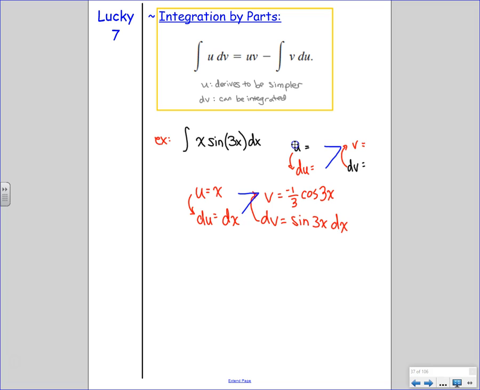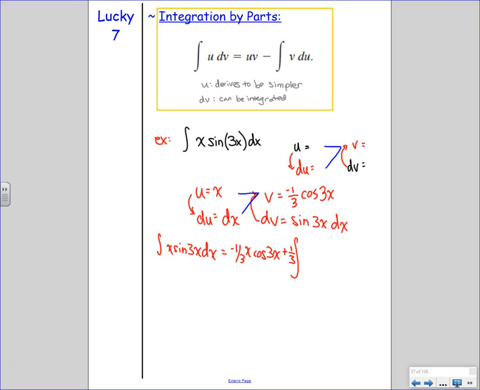Now, when we go to solve, left at 7, I can say my original integral is equal to u times v, negative 1/3 x cosine of 3x, minus the integral, wait a minute, can I pull out the negative 1/3?